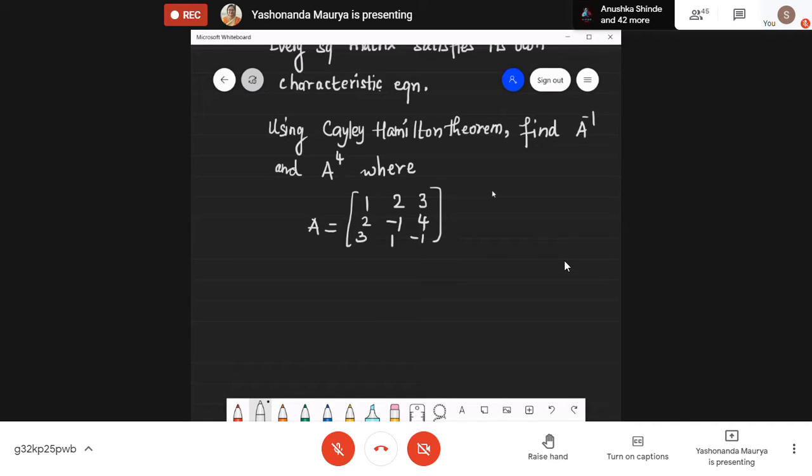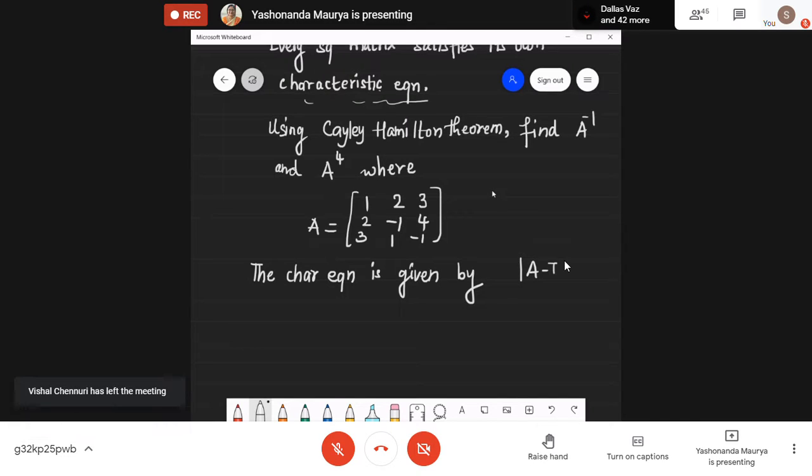To solve this particular thing, the first step is we have to use the Cayley-Hamilton theorem. For that, we require the characteristic equation. So we'll write down the characteristic equation. It is given by the determinant of A minus lambda I equated to 0.